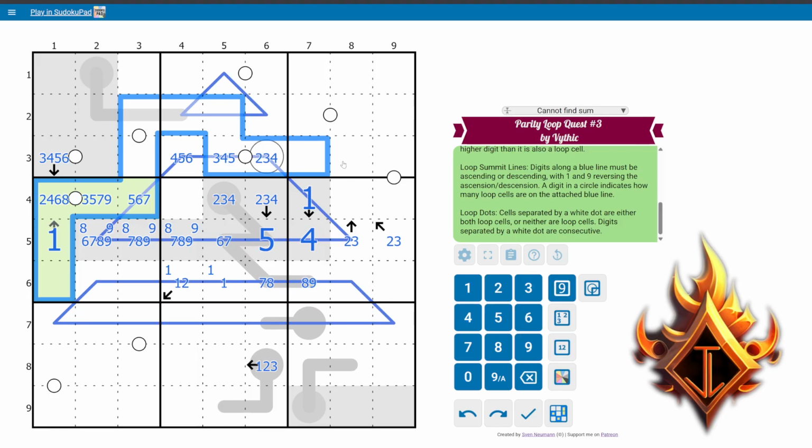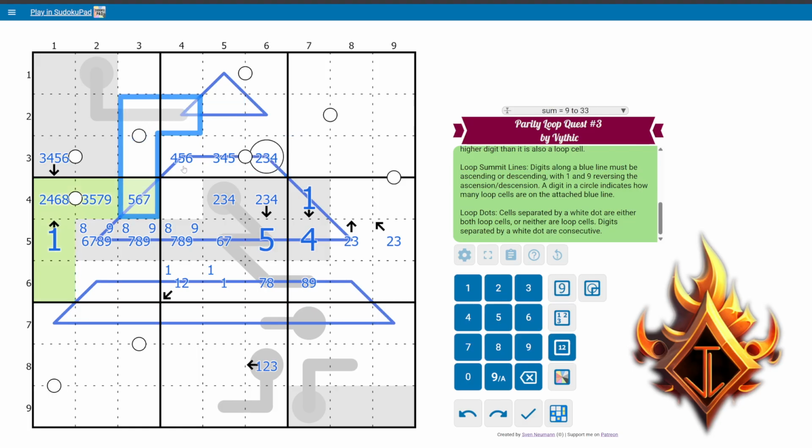Because then, how are these two getting digits? If this goes up and over, could not get that one.